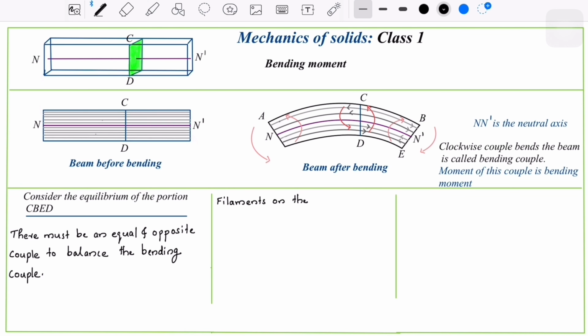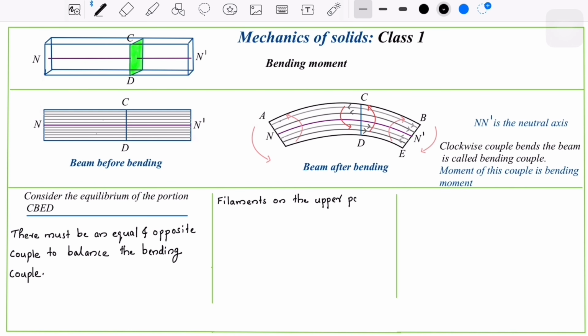Because the torque acting at the cross section CD is in the anti-clockwise direction, it is possible if and only if the filaments on the upper portion of CD exert a pulling force on the portion to the right of CD.